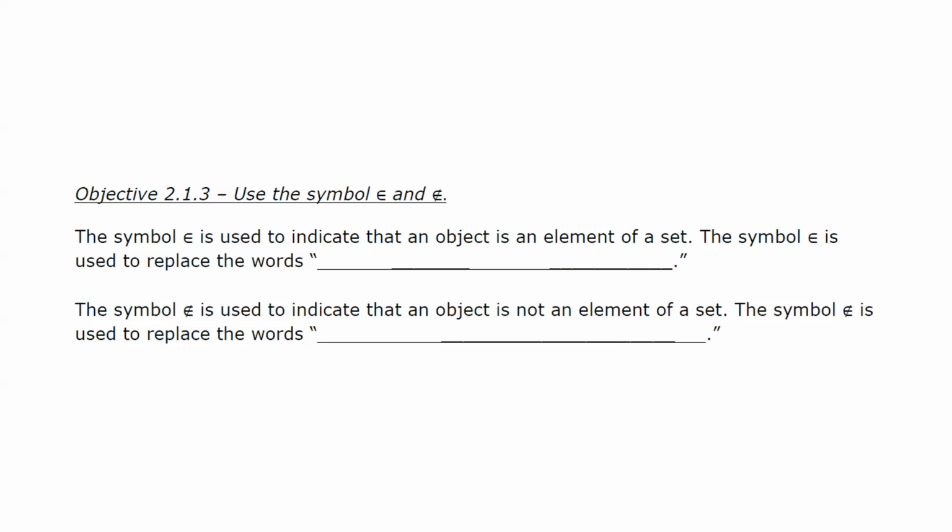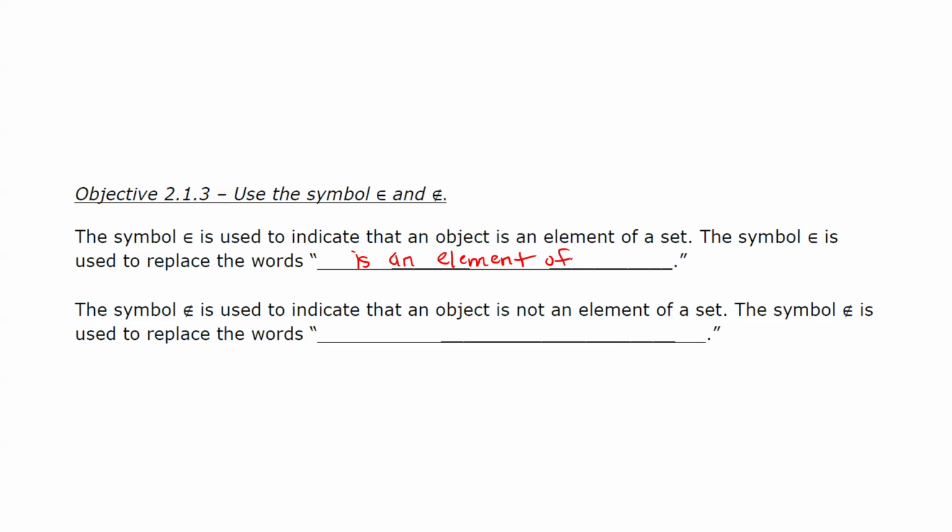So the symbol of the element is used to indicate that an object is an element of a set. So this symbol is used to replace the words "is an element of."